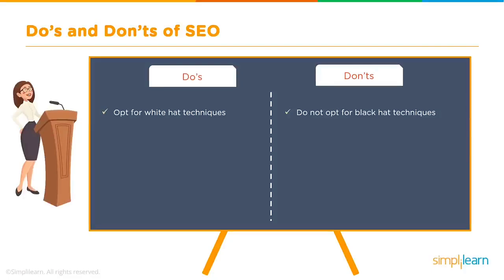Black hat techniques are probably not even worth going into detail, but one example is choosing a keyword arbitrarily, like say digital marketing, and just stuffing that keyword into the content. That's probably not something you want to do because again, it's not going to be good for the end user. So stay away from black hat and focus on some of the techniques we talked about in today's presentation.